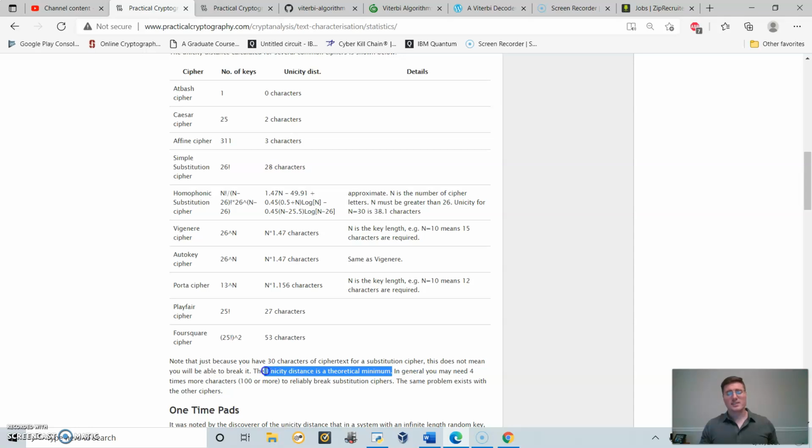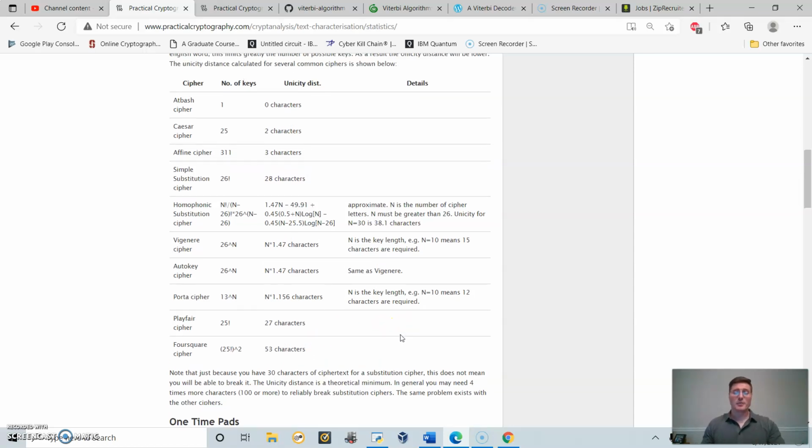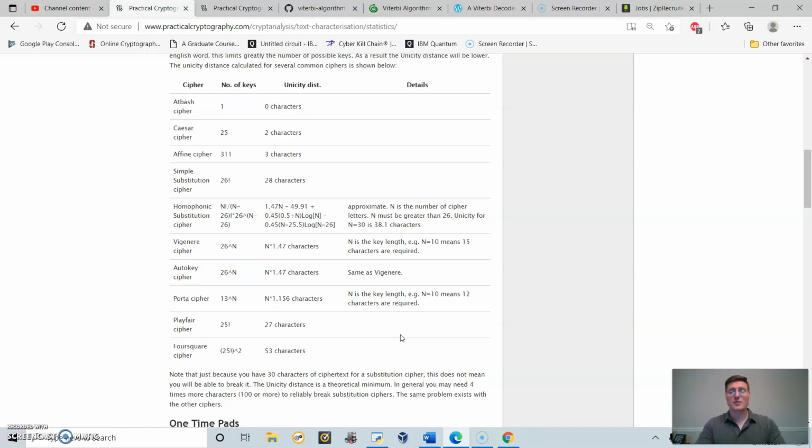It's saying unicity distance is a theoretical minimum. And so determining the upper maximum is not easy. I mean, individuals do their PhD trying to figure out the upper bound of certain mathematical or algorithmic work requirements, and it takes a lot of time, it takes a lot of effort, and quite frankly, we're just here to do cryptanalysis for fun, and that is a little more math than what we're required to do at the moment.